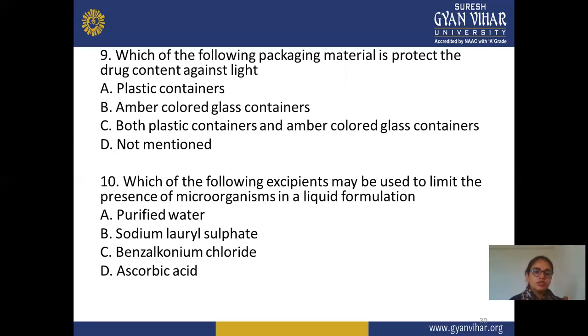And in the last question: which of the following excipients may be used to limit the presence of microorganisms in liquid formulation? A is purified water, B is sodium lauryl sulfate, C is benzalkonium chloride, and D is ascorbic acid. In the excipient part, we already covered from the start all the excipients that we use according to their nature and property, and different containers.